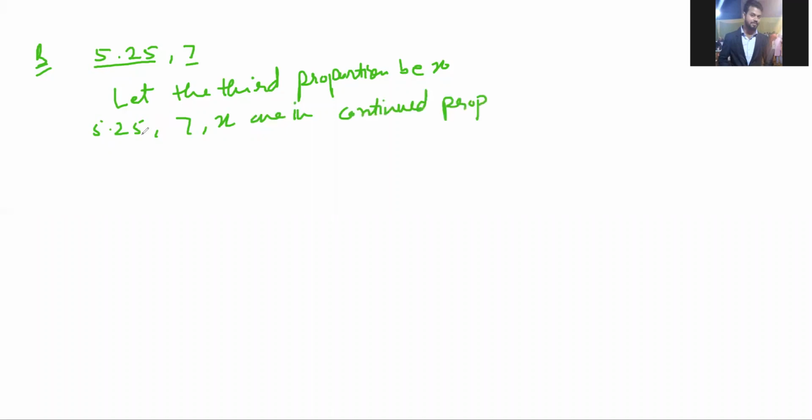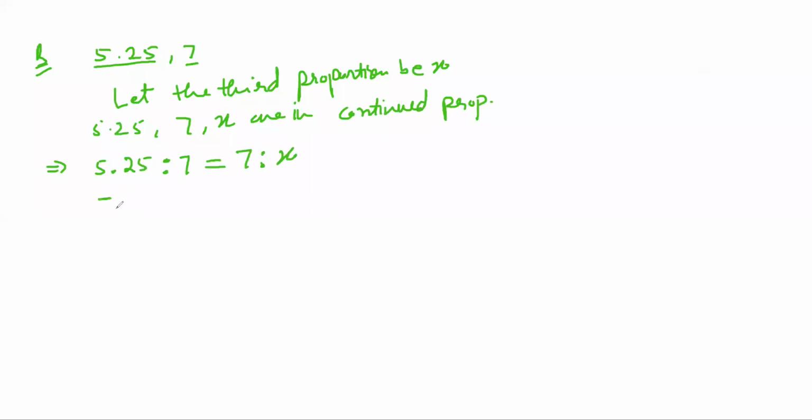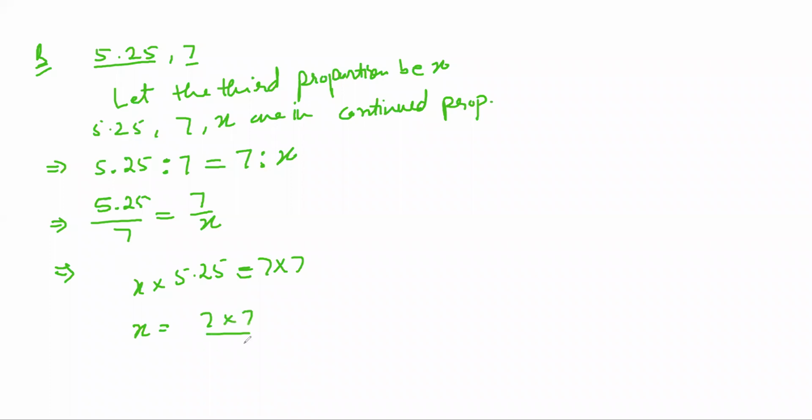And if they are in continued proportion, we can make a relationship: 5.25 ratio 7 is equal to 7 ratio x. So 5.25 upon 7 is equal to 7 upon x. Beta, do cross multiply and tell me the answer of this question. And let's see. Okay. So x is equal to 7 into 7 upon 5.25.